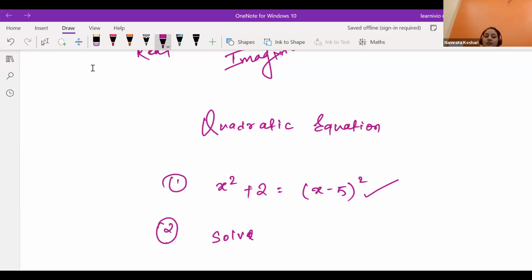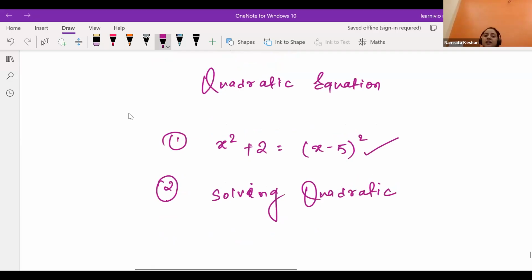So solving quadratic equation, we realize that there exists a formula also which will always work. The splitting the middle term may work, may not work, but the formula will always work.